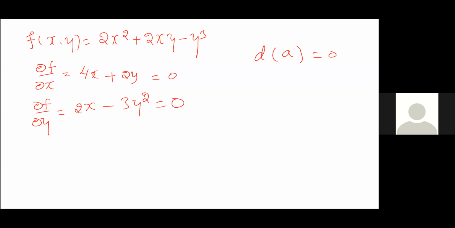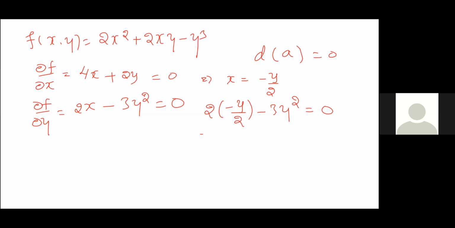Now we have to find the values of x and y by using these two equations, equating them to 0. 4x plus 2y equals 0 implies x equals minus y by 2. From the first equation, we get x in terms of y. Our aim is to find the values of x and y, so we substitute that x value in the other equation: 2 into minus y by 2 minus 3y square equals 0.